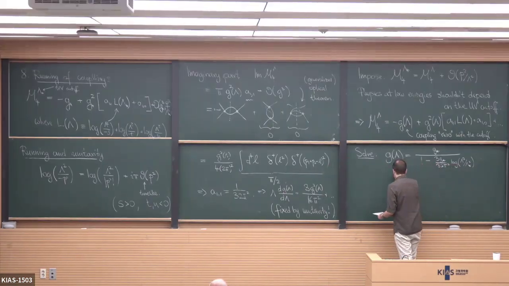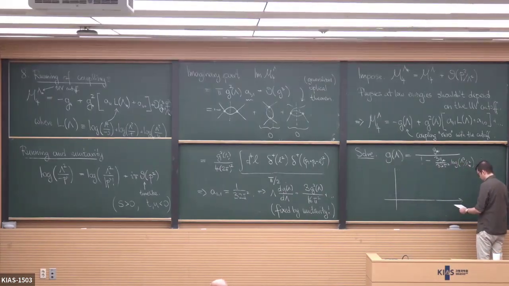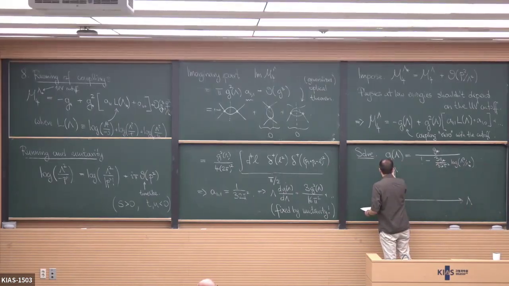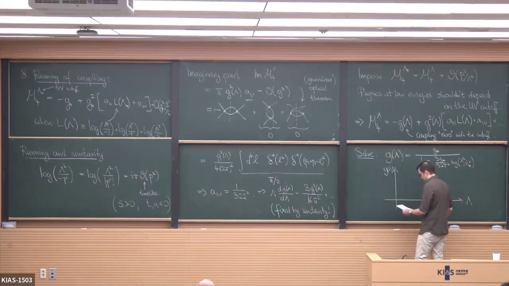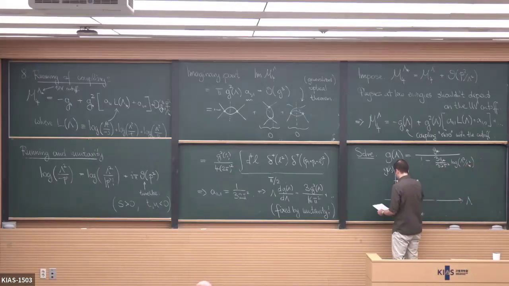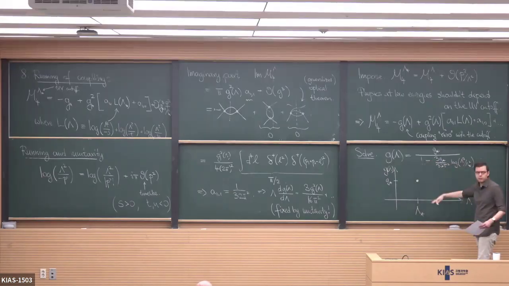All right, so let me put this on the plot. On the plot, you can study here the cutoff and here the coupling. There's going to be a special point somewhere here, in which case I have my special original cutoff, also known as the subtraction point, with respect to which I just normalize how the plot looks.